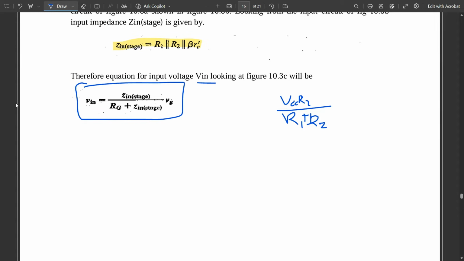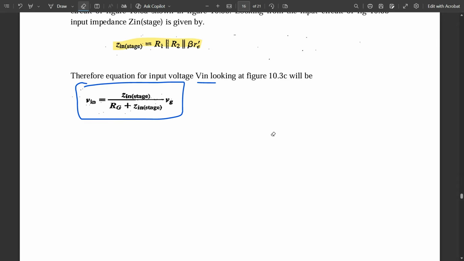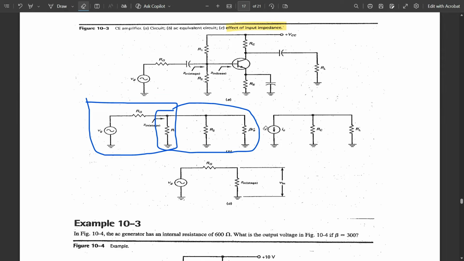So this is the equation for input voltage V in from the loading effect. Okay, so these two equations are very important, you need to remember them. One is for Z in stage and one is for input voltage, with respect to the loading impedance effect.